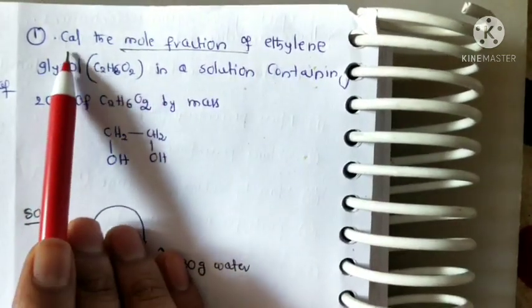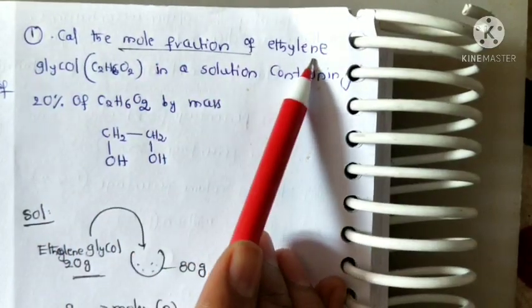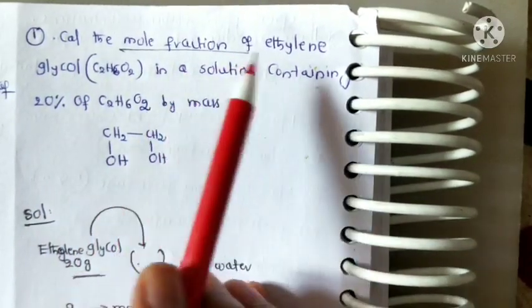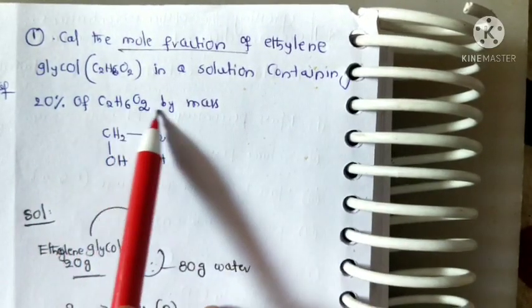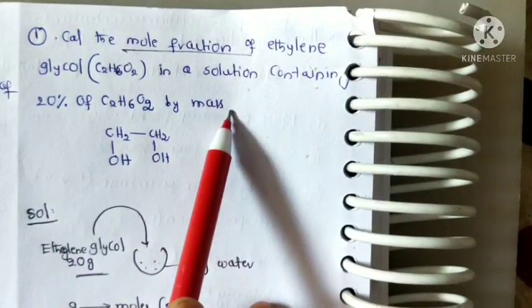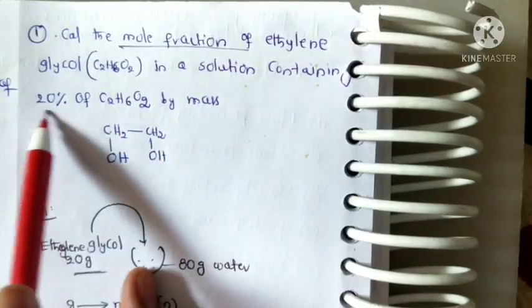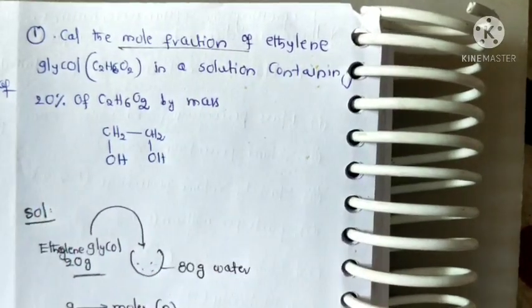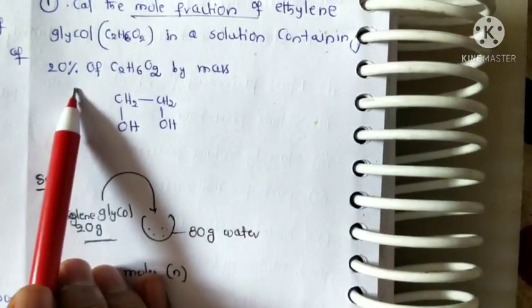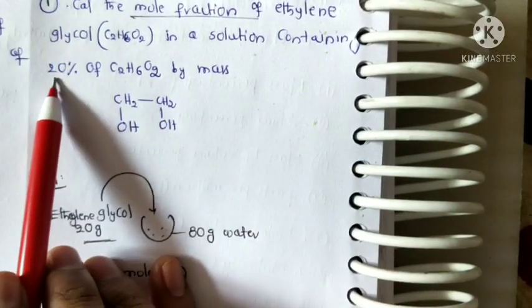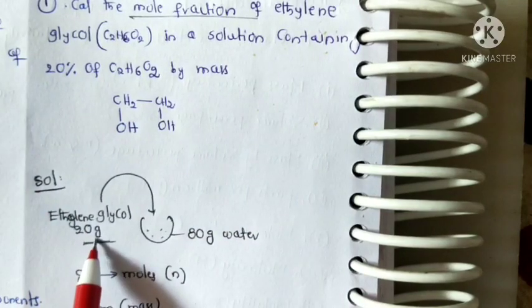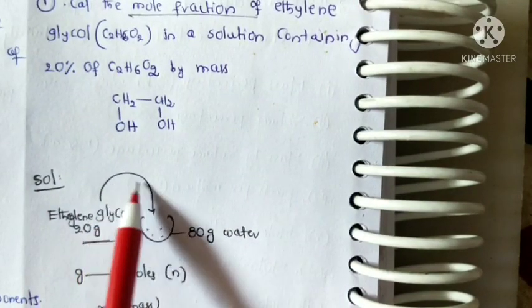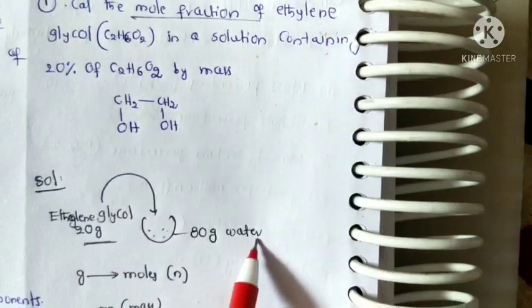Here, calculate the mole fraction of ethylene glycol in a solution containing 20% of ethylene glycol by mass. Here 20% means weight by weight, that is mass percentage. So 20 grams of ethylene glycol is dissolved in 80 grams of water.